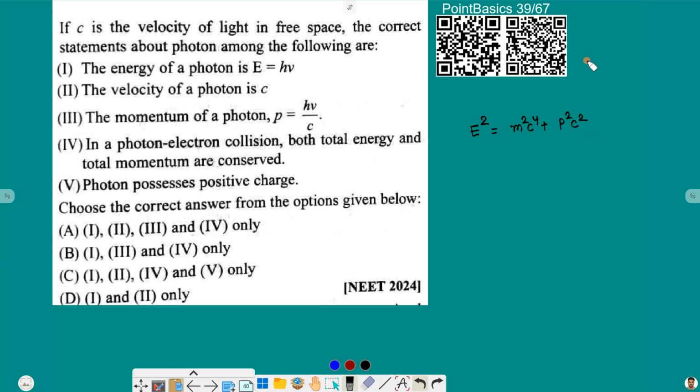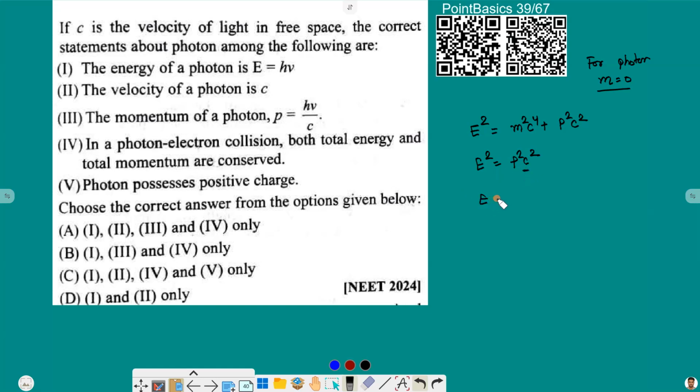Now for a photon, its mass is 0. So this relation gets converted into E square is equal to p square c square. P is the momentum of the photon, c is the velocity of the photon, and we are assuming that light is traveling in vacuum, so that's why we can take its speed as c.